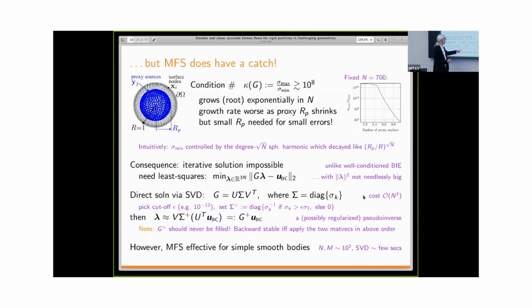It's only backward stable if you apply this G plus in the form of 2 matrix vector products: first hit it with U transpose and then hit it with V sigma plus, for instance. Otherwise you lose digits that you shouldn't lose, and it's not backward stable. That has actually influenced solver design. Anyway, it's one of the things that tends to come up in a lot of my papers. This is very effective for simple smooth bodies. You have a few thousand unknowns, the SVD takes a few seconds and you're done.